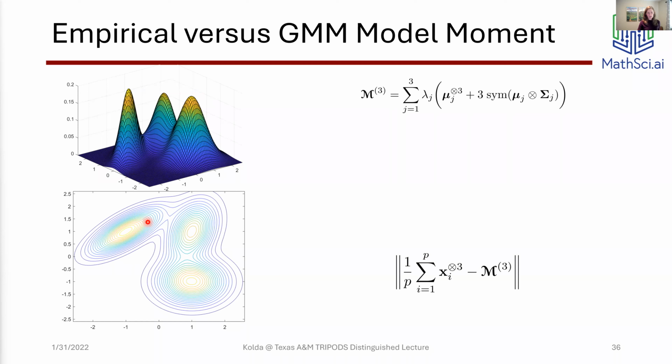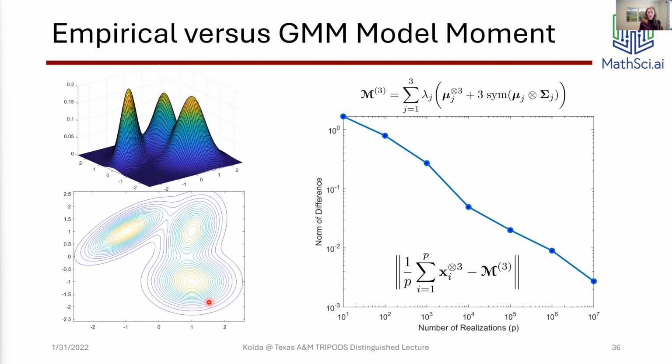So we'll draw a bunch of samples from this distribution and look at how the norm of the difference goes as we increase the number of samples, and we see that it looks like it's converging, and so that's good. So it looks like we hit upon the right formula. Of course, we also have a math proof of that, but it's good to see some numerical evidence too.